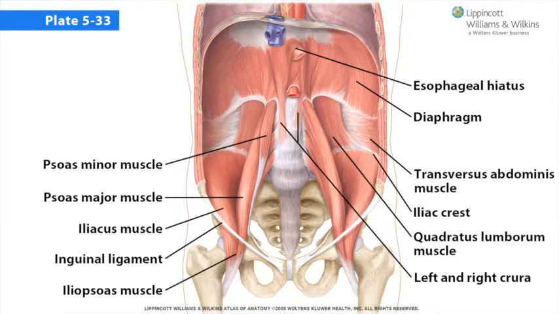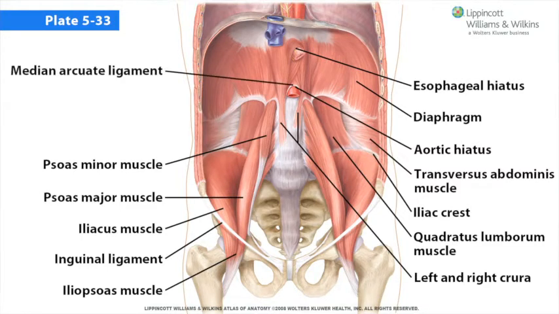The right and left crus form the respective sides of the aortic hiatus and converge in the midline to form the roof of the aortic hiatus, which is called the median arcuate ligament. The medial arcuate ligament is formed by a condensation of the deep fascia of the psoas major muscle at the level where the diaphragm overlaps that muscle.